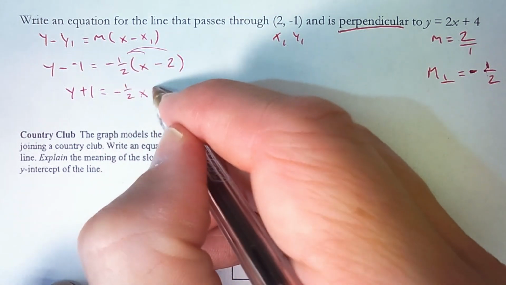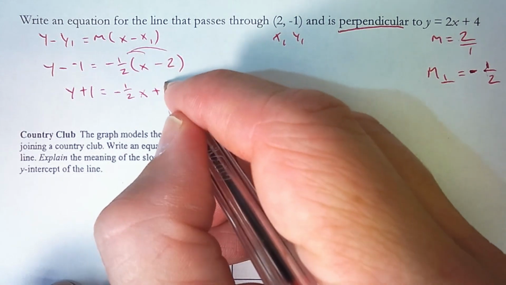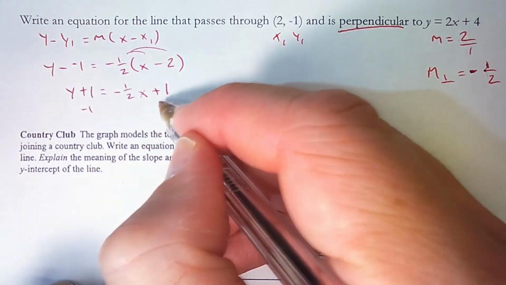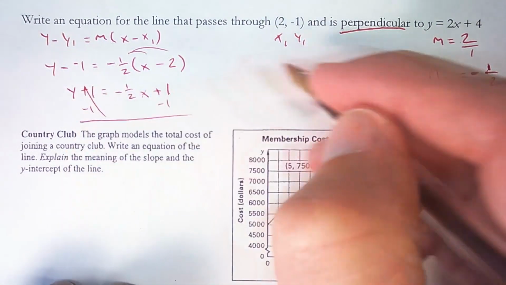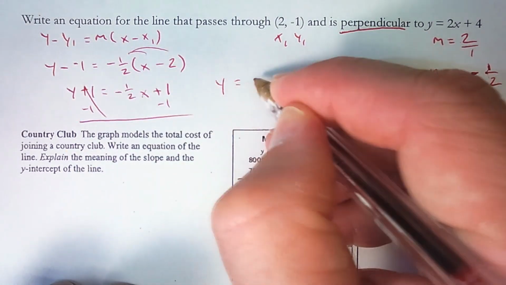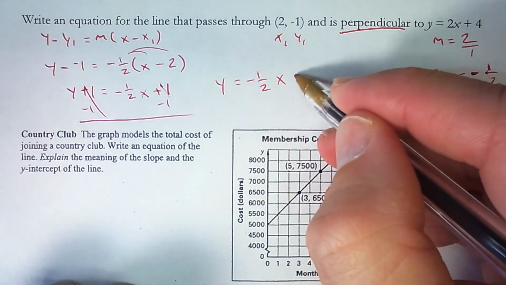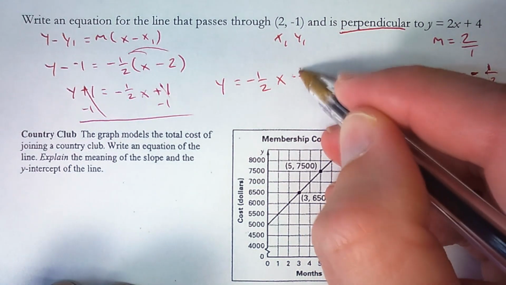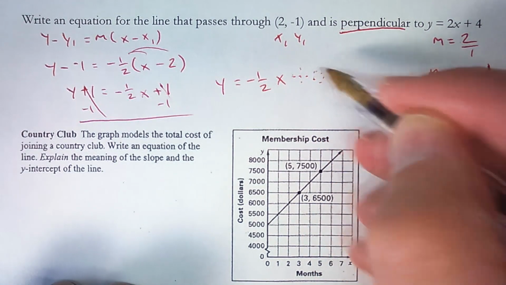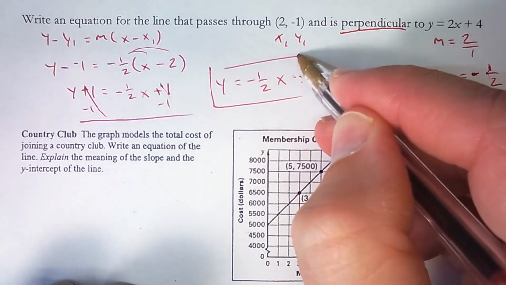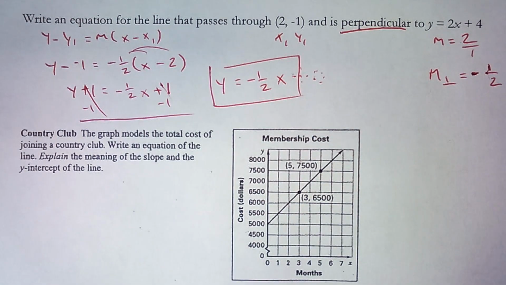Negative times negative is positive. 1/2 times 2 is 1. And now I can subtract 1 from both sides, and I get y equals -1/2 x, and these actually cancel. So that's all I need to write. So right here would be like a plus 0, but I don't really need to write plus 0. So y equals -1/2 x is my equation.